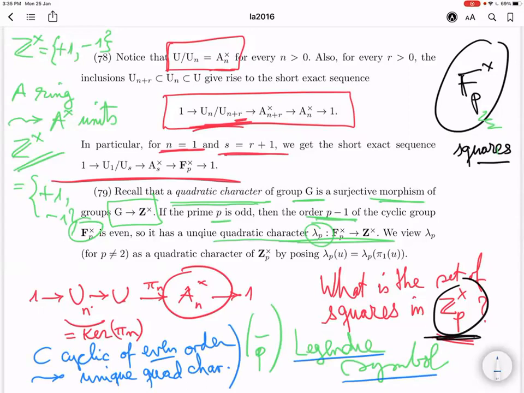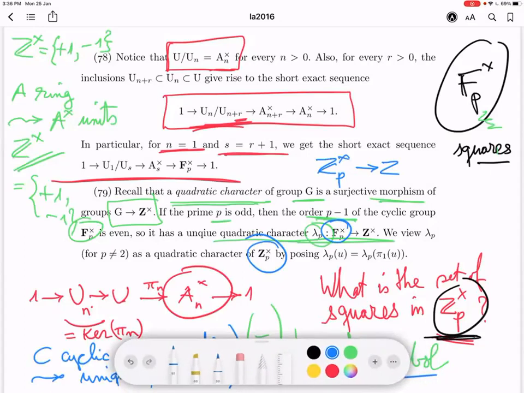Okay, so this lambda_p is a quadratic character of F_p star. I'm going to consider it as a quadratic character of Z_p star. How do I do that? I take Z_p star, I take the surjection to F_p star, and then I apply this lambda_p that goes to Z star, and this whole thing I just call lambda_p again.